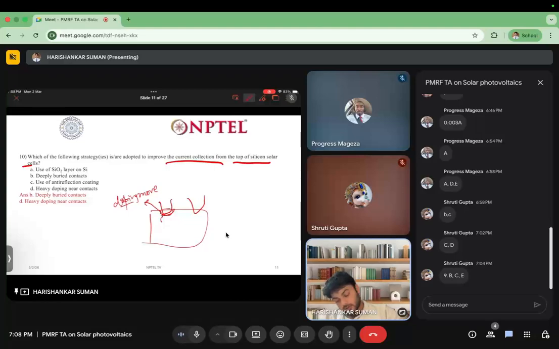Let's say you have a contact like that, just touching. But a buried contact means we go inside the material to collect more efficiently. So these are the strategies to improve the current collection.